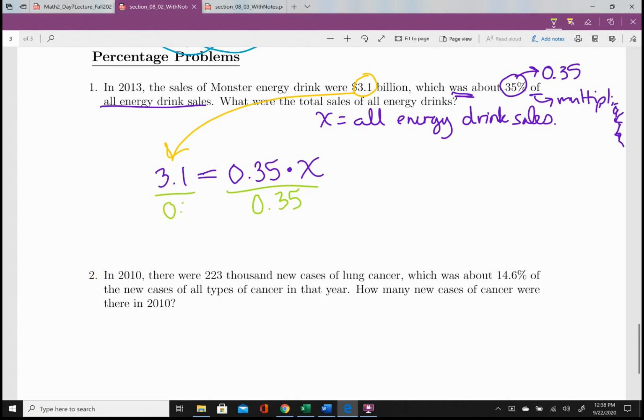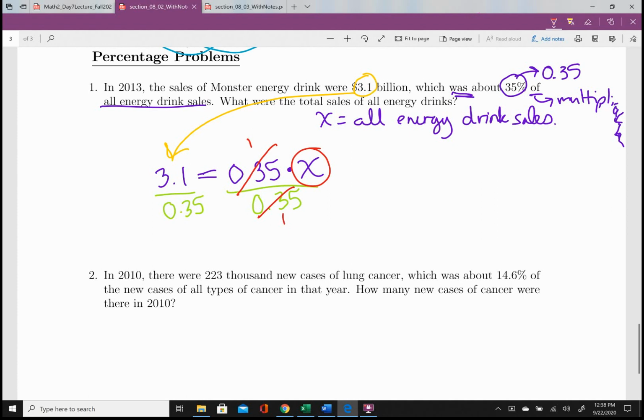You're going to need to reach for your calculator here. So essentially you're going to go 3.1 divided by 0.35. Okay, so calculator's totally fine for this.